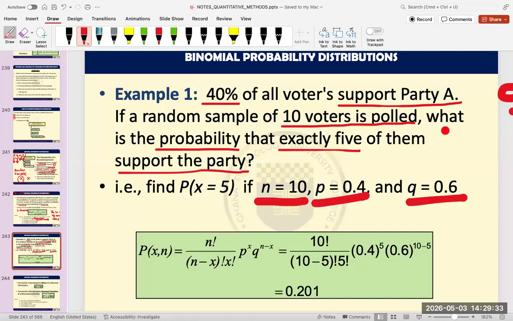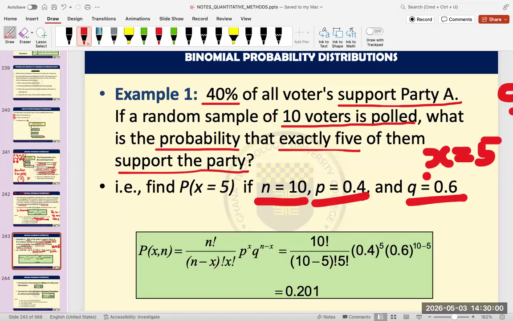Then we continue reading. It says, what is the probability that exactly 5 of them support the party? Exactly 5. So the 5 you are seeing here is the X. Our X, which is the number of successes, is 5.